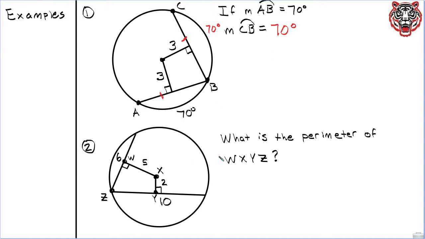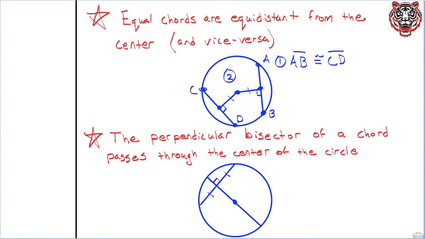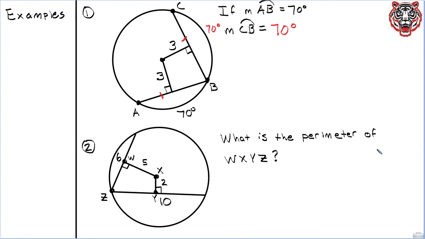In the last example, what is the perimeter of WXYZ? So on this problem, I have this length, but I don't have this length and this length. I need to find them. But look, because I have the length of this radius going through the center, I know that this is going to be a perpendicular bisector.